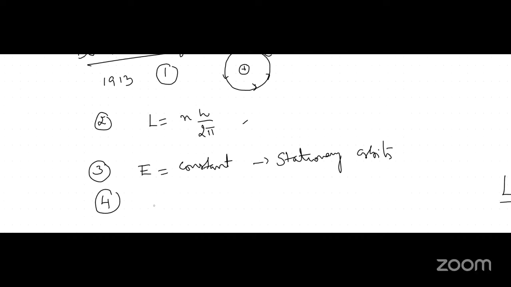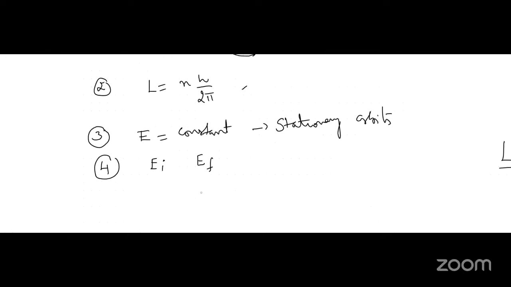If an electron is initially moving in an orbit of total energy Ei, and discontinuously changes its motion so that it moves to an orbit with total energy Ef, the energy is emitted. Ei is the energy level of one orbit, and Ef is the energy level of the other orbit. Whenever it radiates, the frequency of the radiation emitted is given by nu equal to Ei minus Ef by h. So this is the fourth postulate.